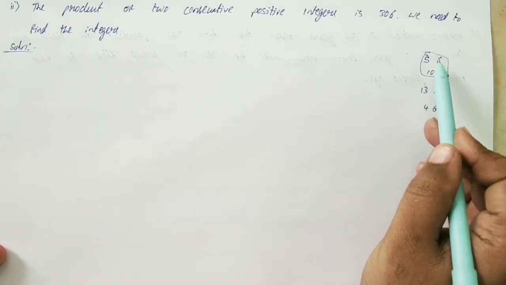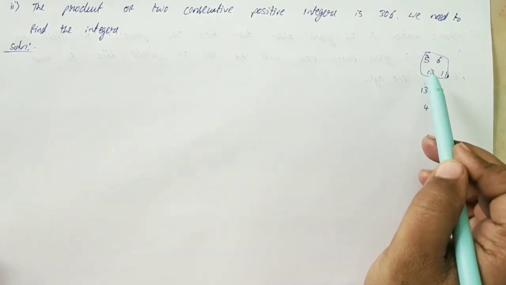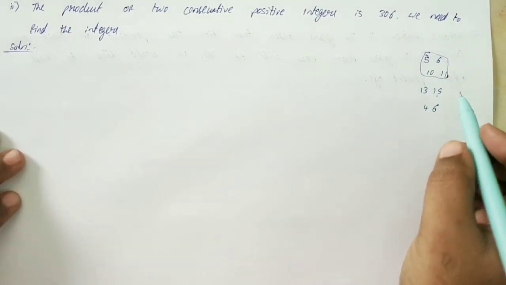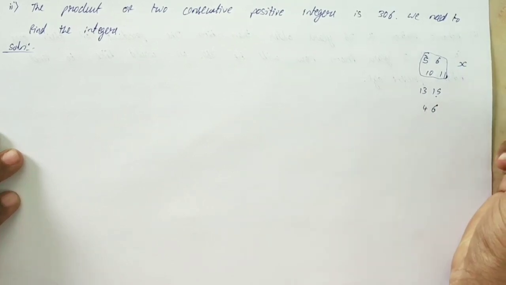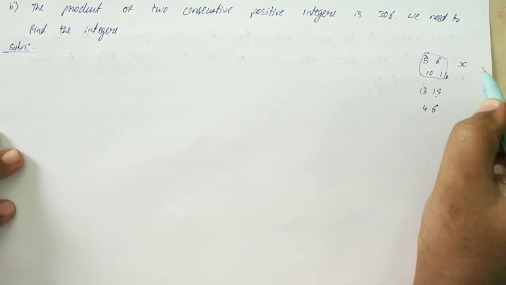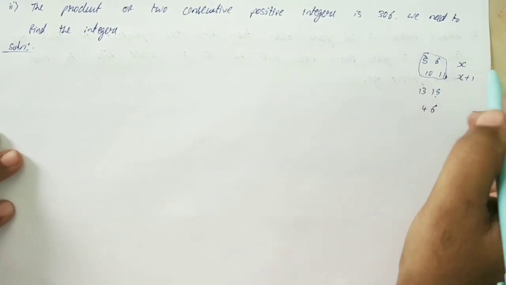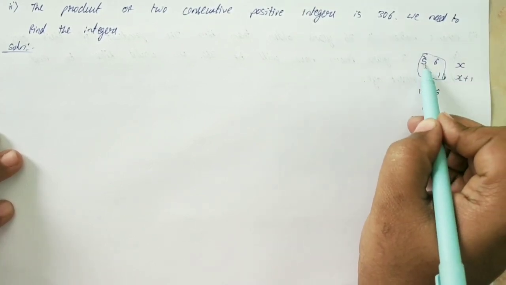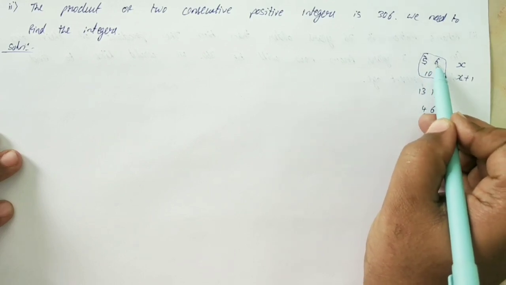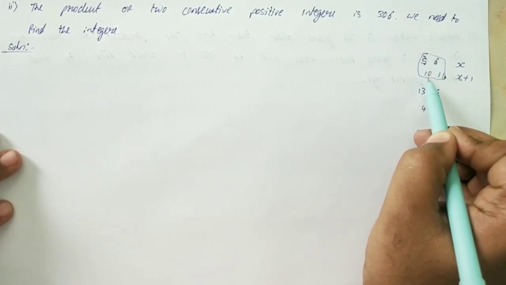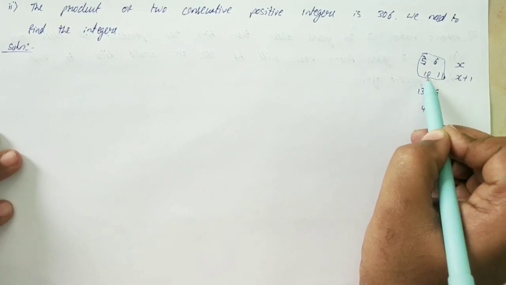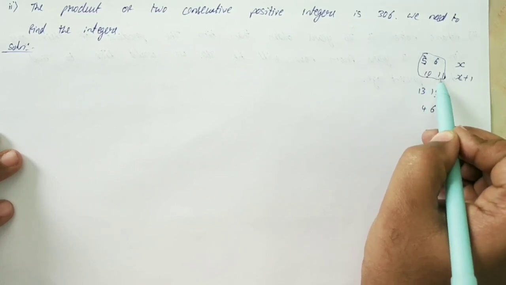So here we talked about numbers. Now let us take it in general. If I take x as a consecutive integer, then what will be our next integer? x plus 1. See here, if I take our consecutive integer 5, then add 1 to this 5, we will get 6. If we take 10 as a consecutive integer and add 1 to this 10, we will get 11.